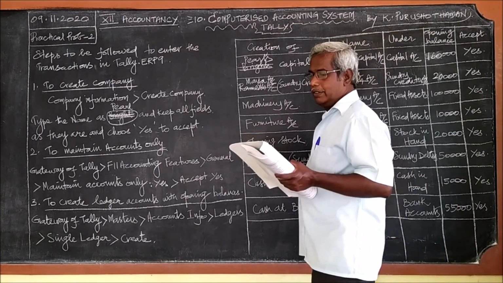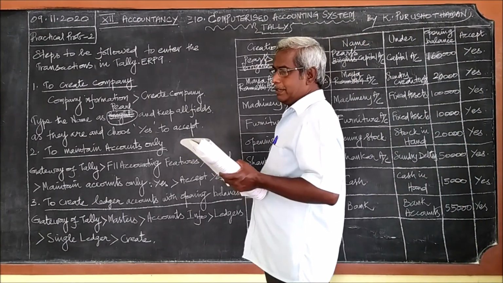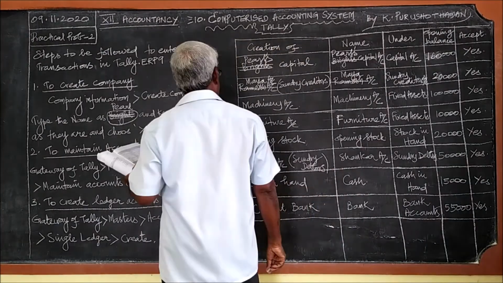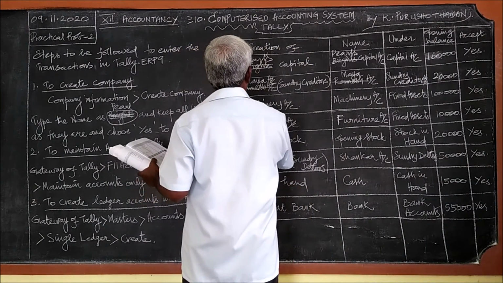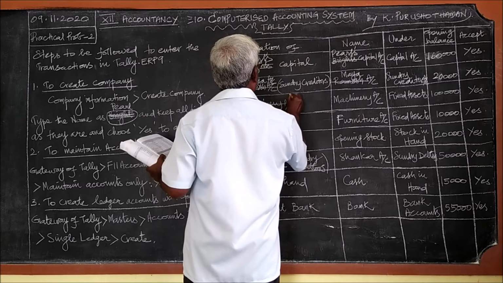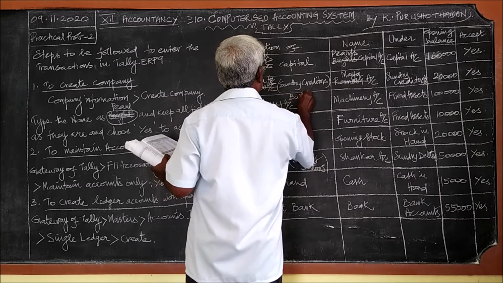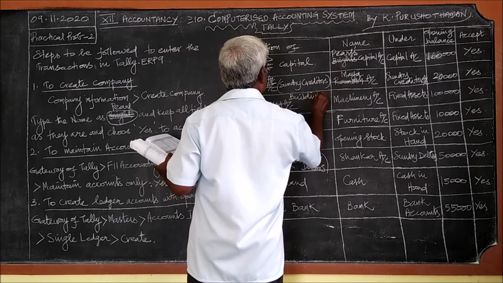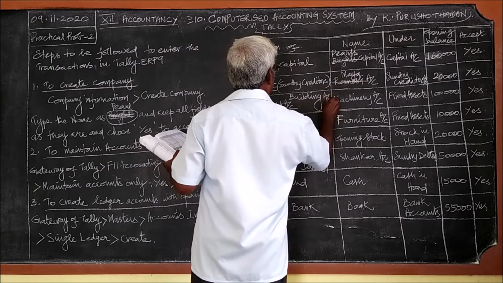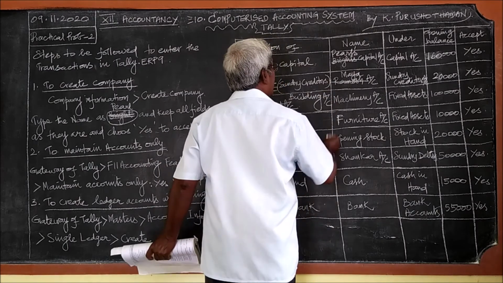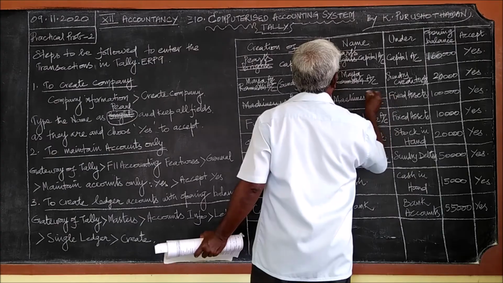Then the third, you go to the asset side, machinery. Instead of machinery, here in this problem it is building account. Under what name should it be created?